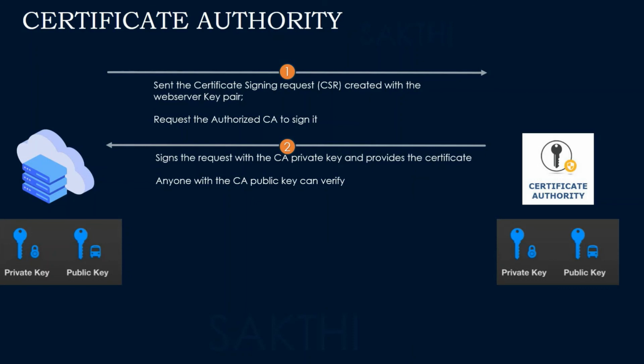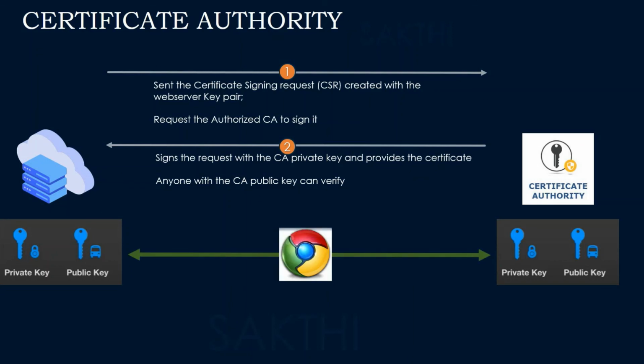Now on the internet, anyone who has access to the Google CA public key can verify it. Say in the case of a browser, the browser first checks whether it is signed properly, and then it establishes a connection with the public key to youtube.com.